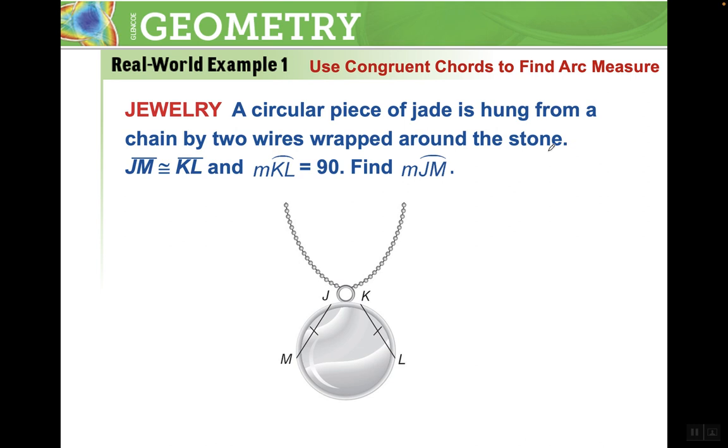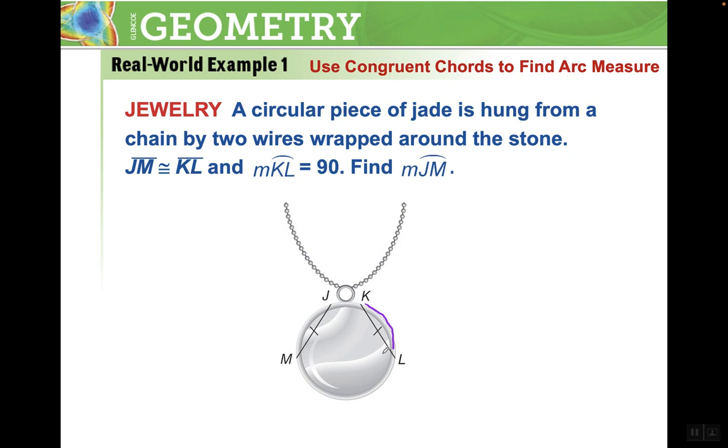So in this it says a circular piece of jade is hung from a chain by two wires wrapped around the stone. JM and KL are congruent chords. Okay, and they mark that. And KL, the arc, is 90. So then you need to find JM.